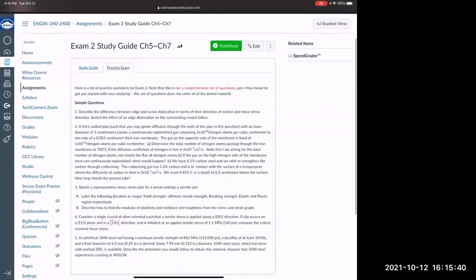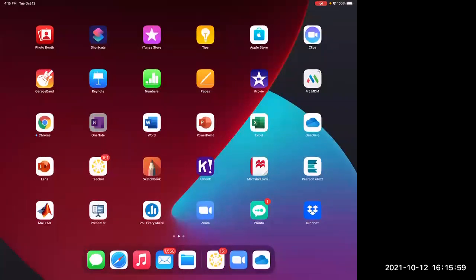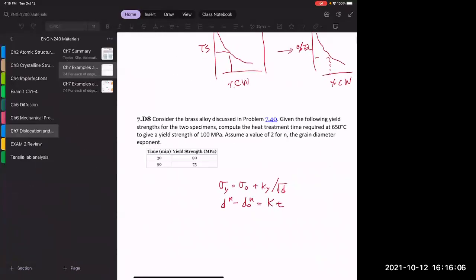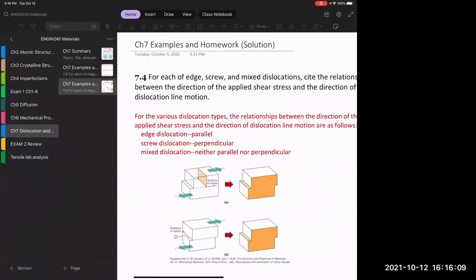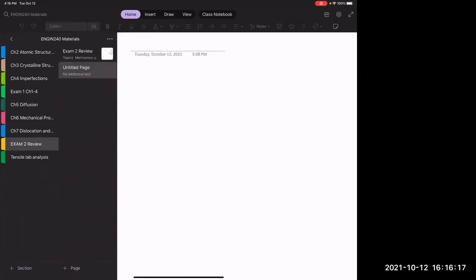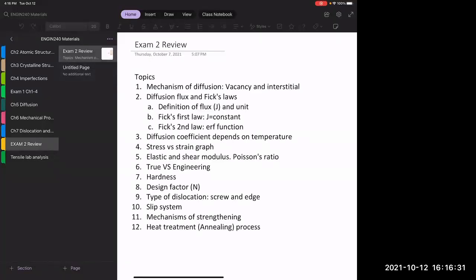So I'm going to work on some of the calculations like this one here, and use my notes to write something about the answers. All right, let me open my OneNote.